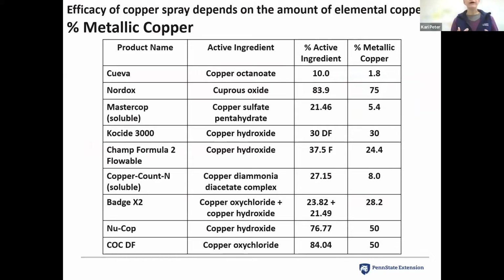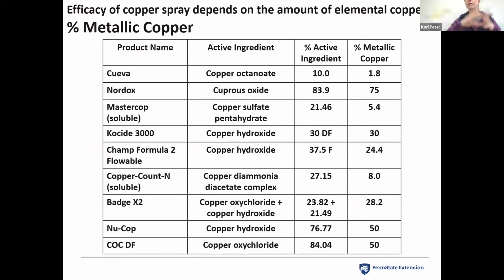Okay, so as far as what makes a good copper effective, there are different components or parameters. One of those parameters is the percent of metallic copper in the formulation. You can have all different types of formulations. You can have aqueous liquids, flowable liquids, wettable granules, wettable powders.